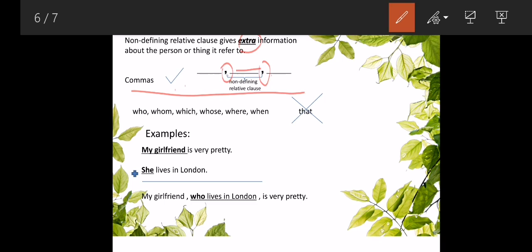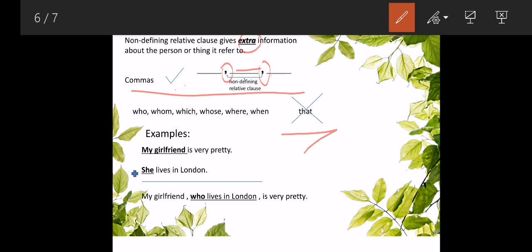We should use who, whom, which, whose, where, when, and notice, this part is important, we can't use the relative pronoun "that" in non-defining relative clauses. Okay? This is important.